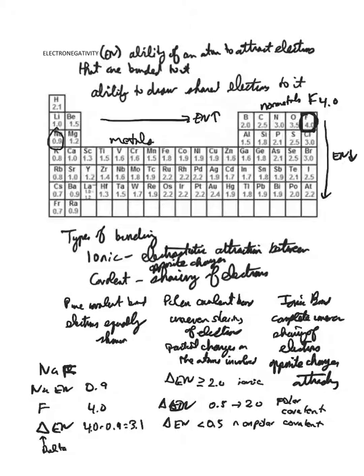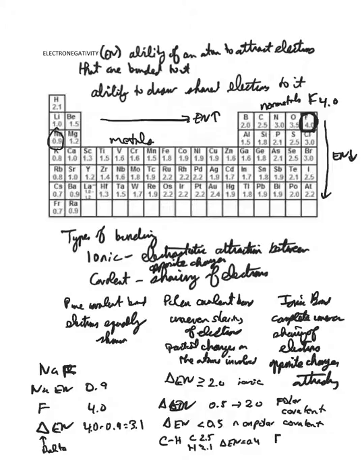And so if we look at something like a carbon-hydrogen bond, that difference in electronegativity, carbon is 2.5 and hydrogen is 2.1. That difference of electronegativity is only 0.4. So that's a nonpolar covalent bond. For all intents and purposes, those atoms are evenly sharing those electrons.